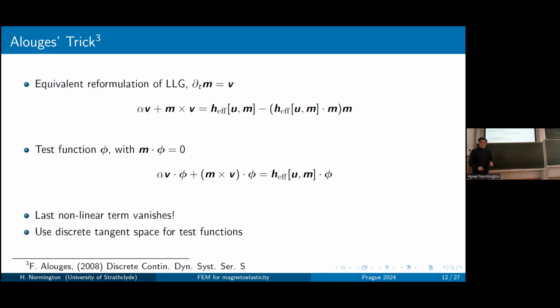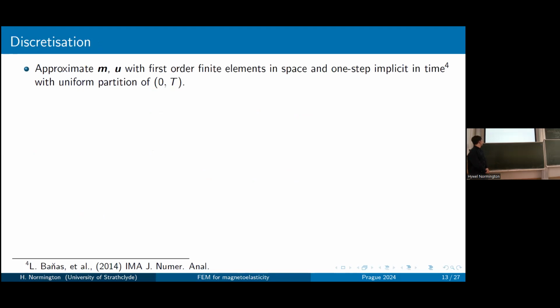And so these terms here with this perpendicularness, we will translate this into a discrete tangent space, and boom, we can now switch to using linear systems. We use first order finite elements because these are the simplest we can use.